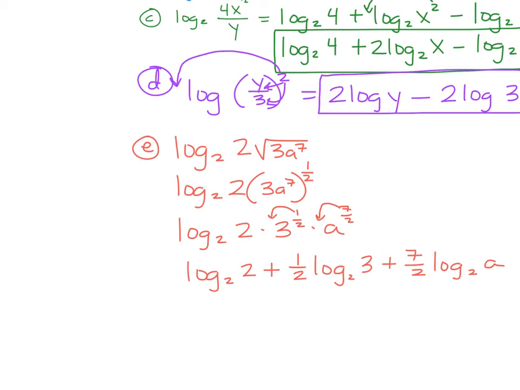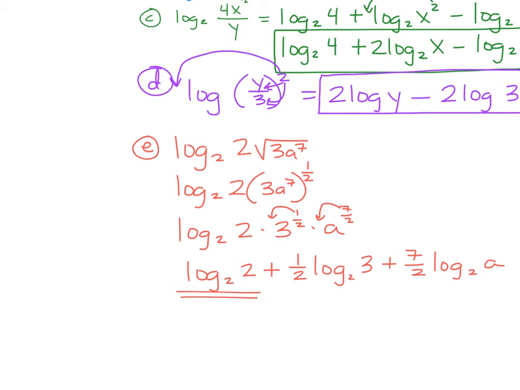Now there's one thing here that we can still simplify. Does anyone see it? Not the half. The 2 and 2. Log base 2 of 2 is what? It's 1. 2 to the first power is 1.